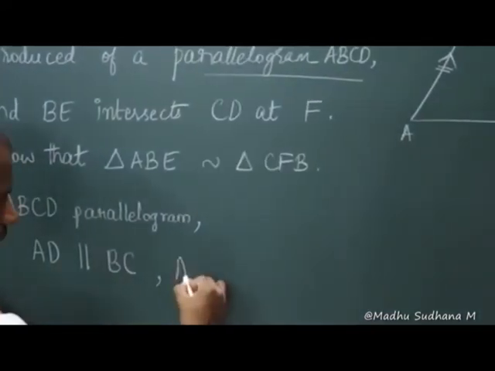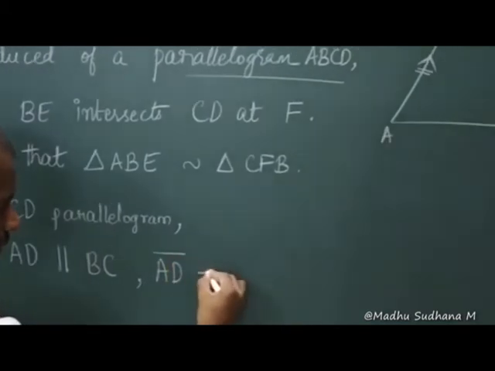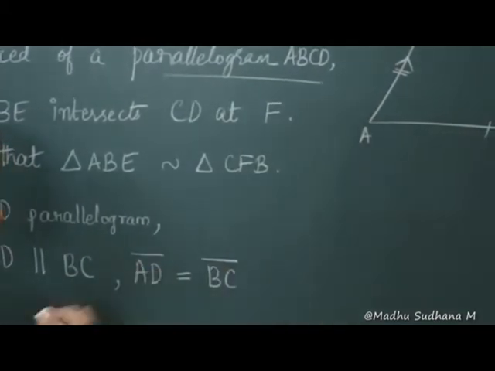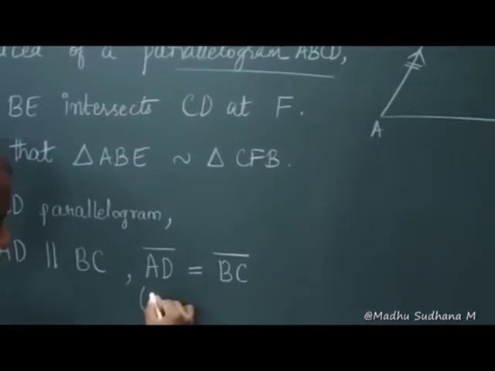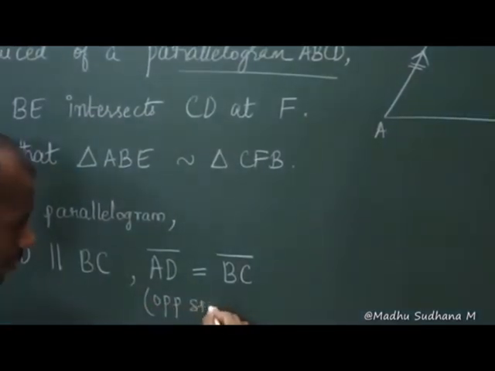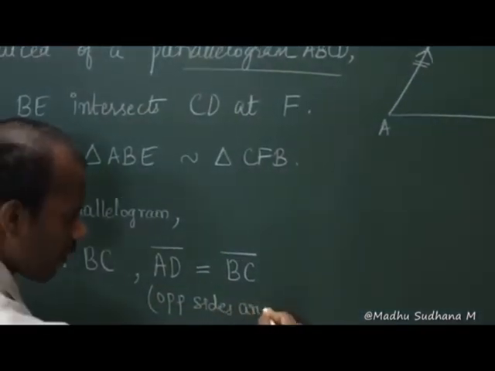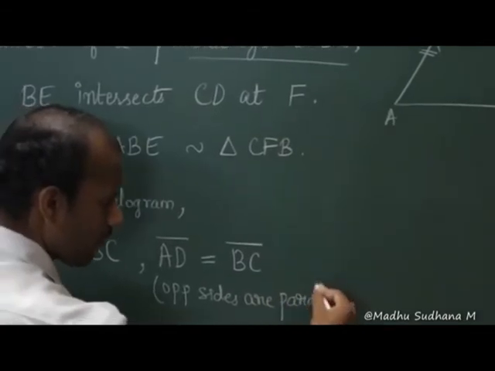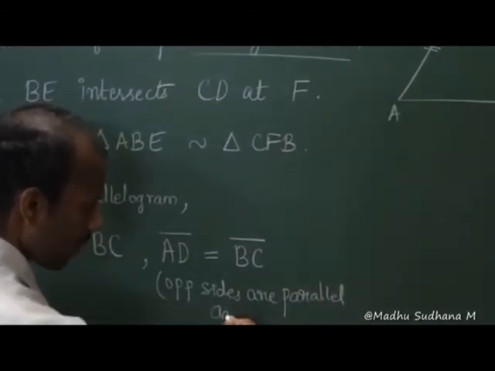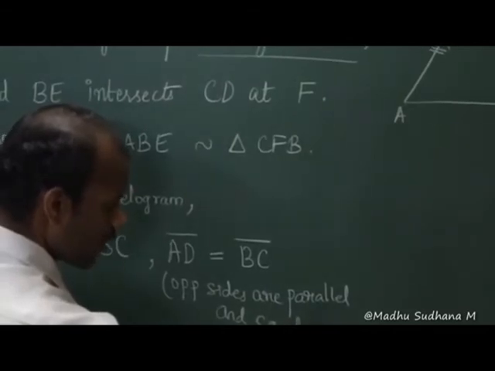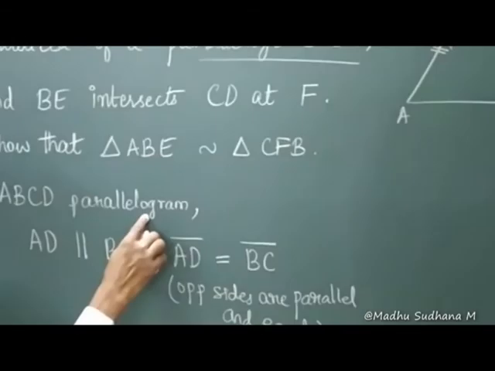Same way, length AD is equal to length BC. Followed it? So let us write here: opposite sides are parallel and equal. Opposite sides are parallel and equal in case of a parallelogram.